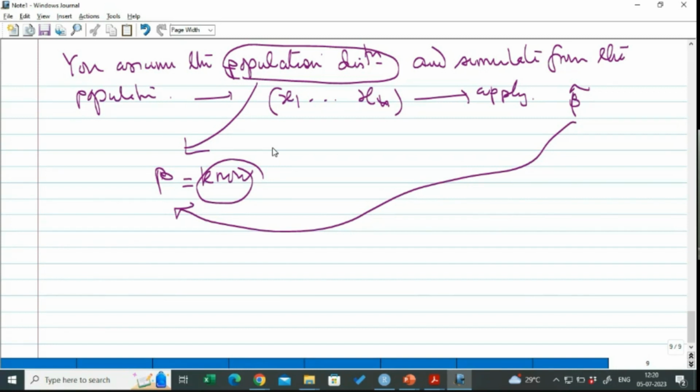There is no method which uniformly outperforms all other methods for all training data sets. It's not possible. There is no such universal theorem.